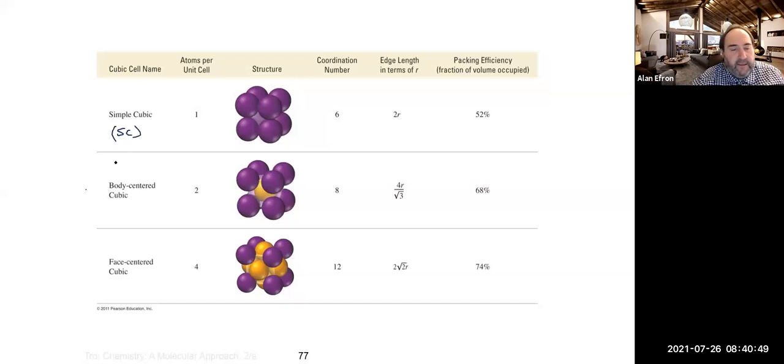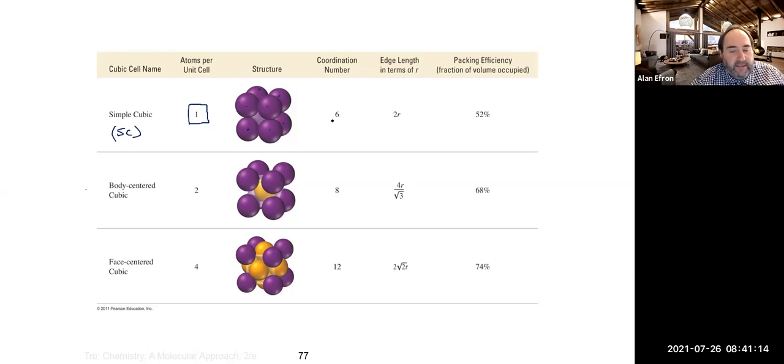Simple cubic has 1 atom present, and that 1 atom is from the corners. There are 8 corners, each with an eighth of an atom, which gives us our one total atom present within that unit cell.